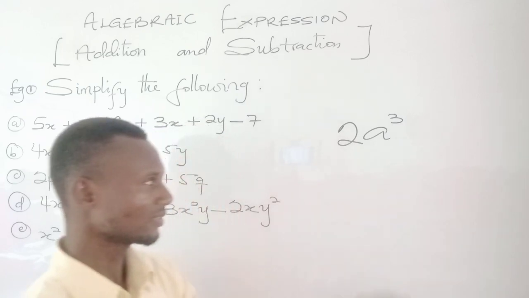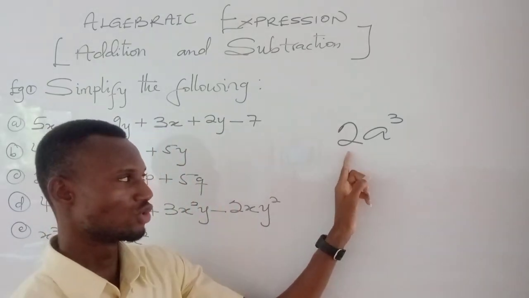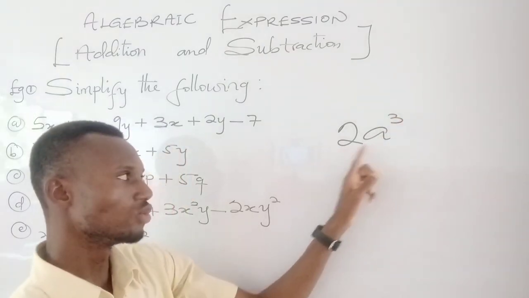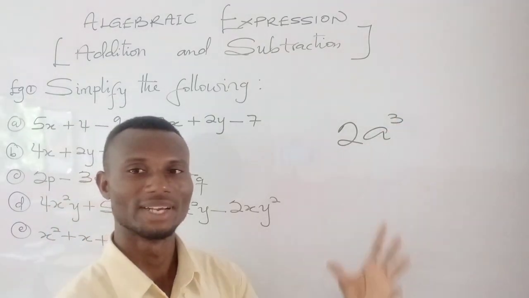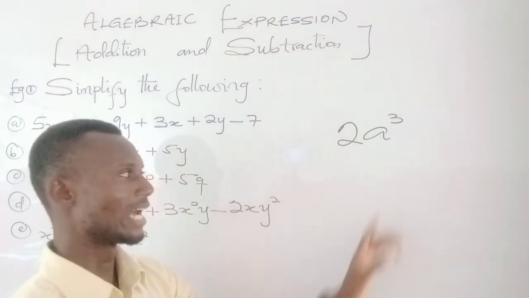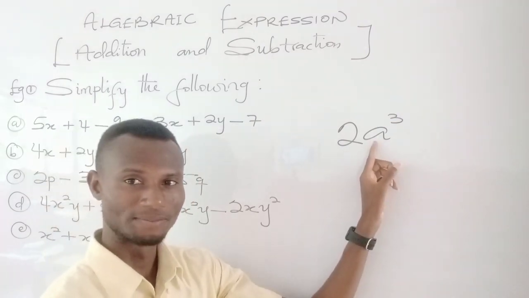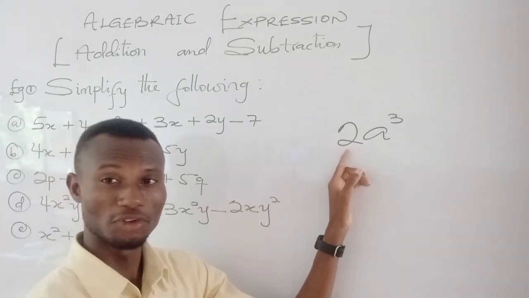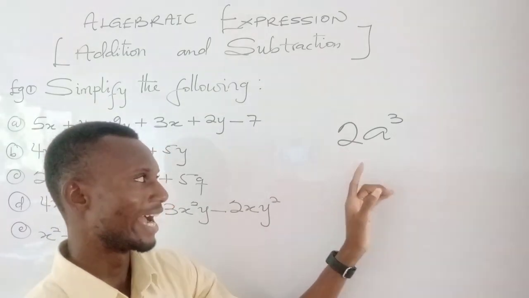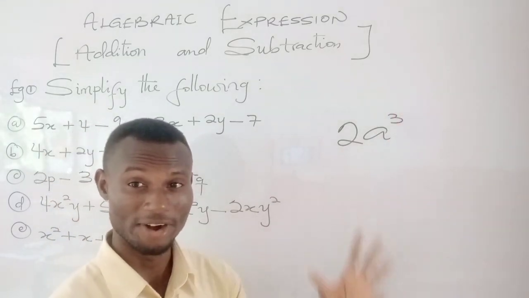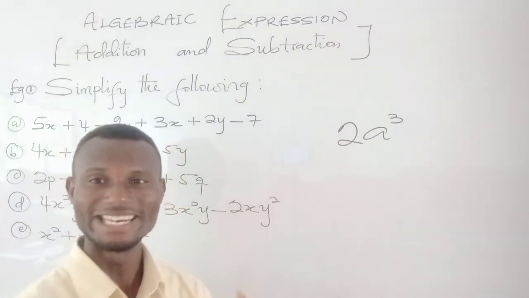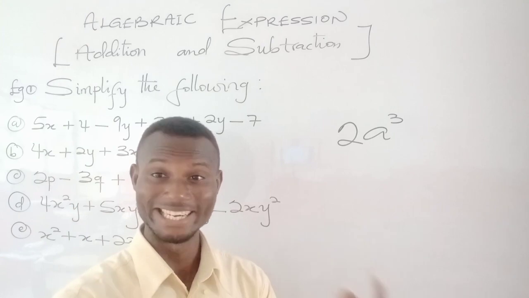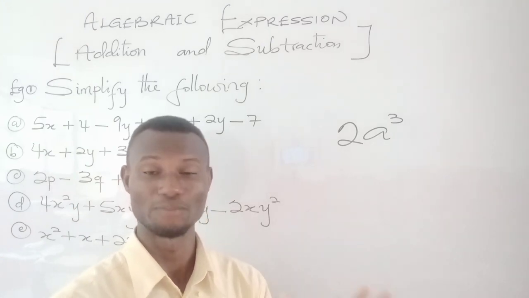This is pronounced 2a to the power 3, or 2a raised to the power 3. This is the variable a, and you can see that I have a number in front of the variable, and also I have a number on top of the variable. Now there's a name that is given to them, so I'm going to identify it, then we can proceed.